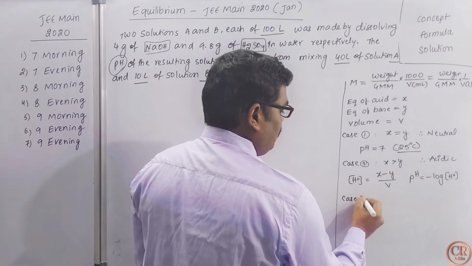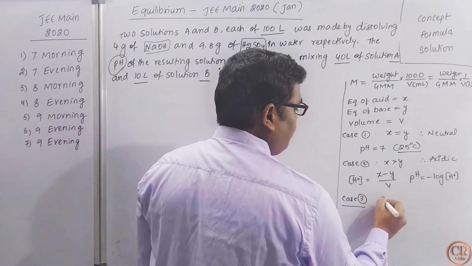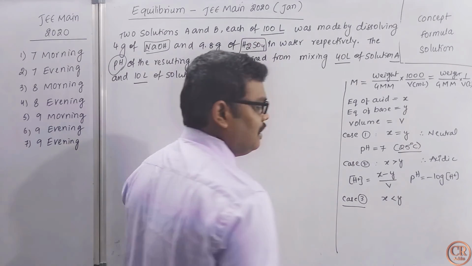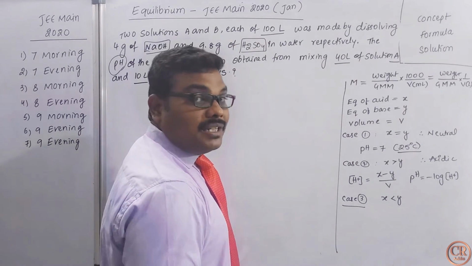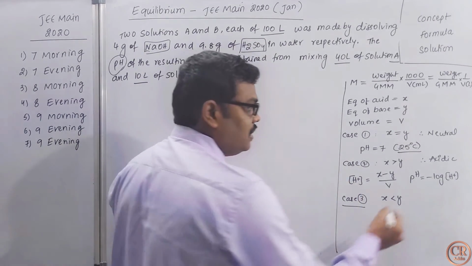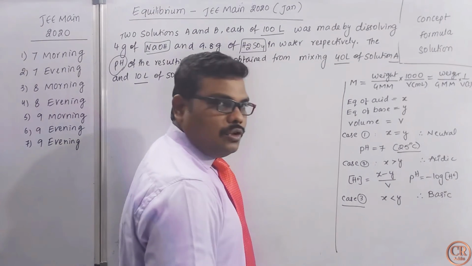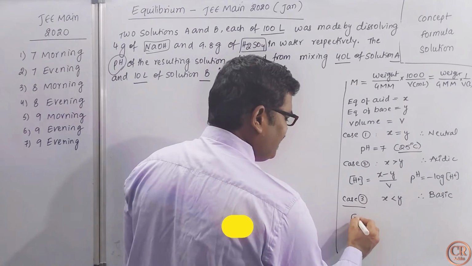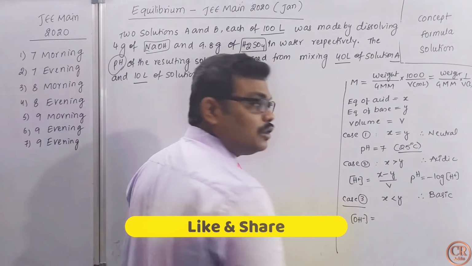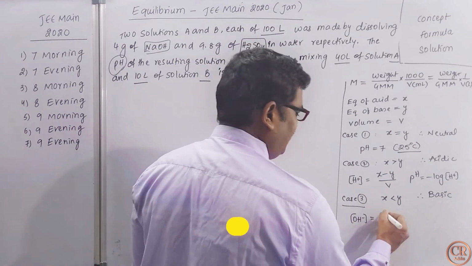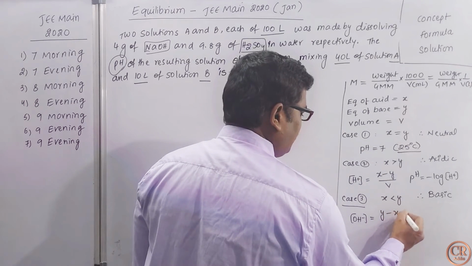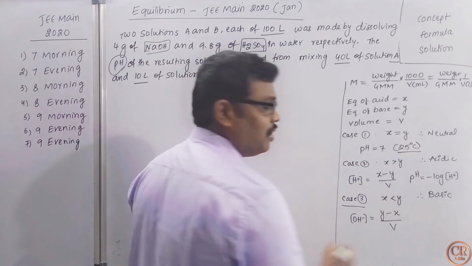Now, the third possibility is that if equivalence of acid is less than equivalence of base, means equivalence of base is more, so nature of the solution is basic. If nature of the solution is basic, OH minus ions are present in that. So OH minus ion concentration is equal to equivalence of base minus equivalence of acid by total volume.